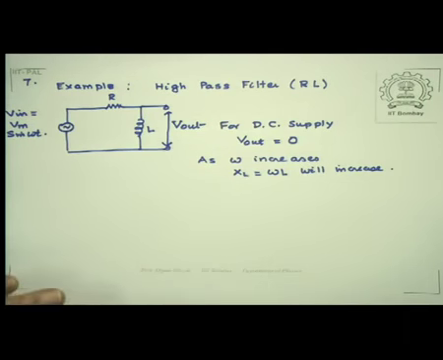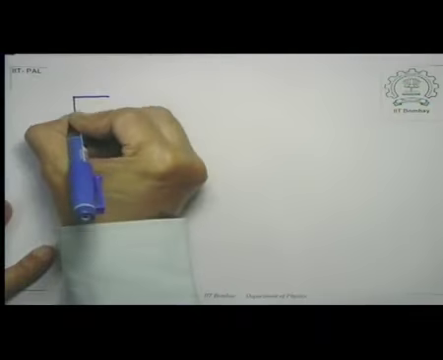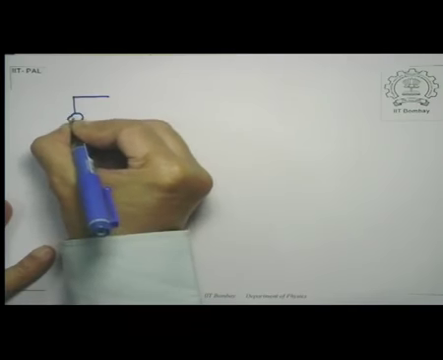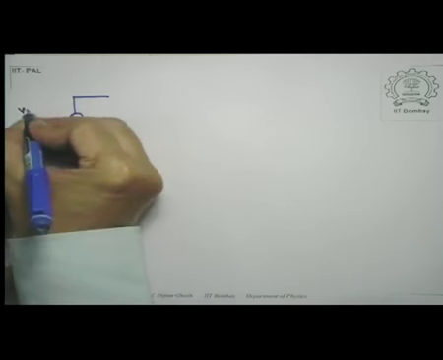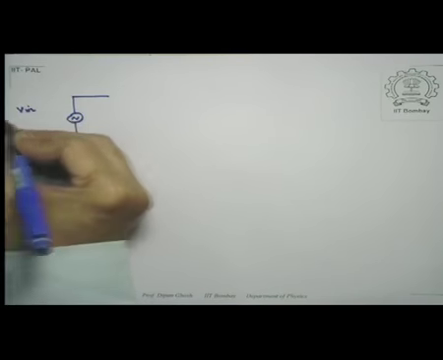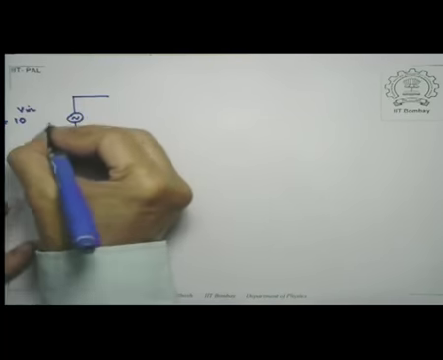So the circuit that I have is this. Let me call this input V in, that's equal to 10 sine omega t.